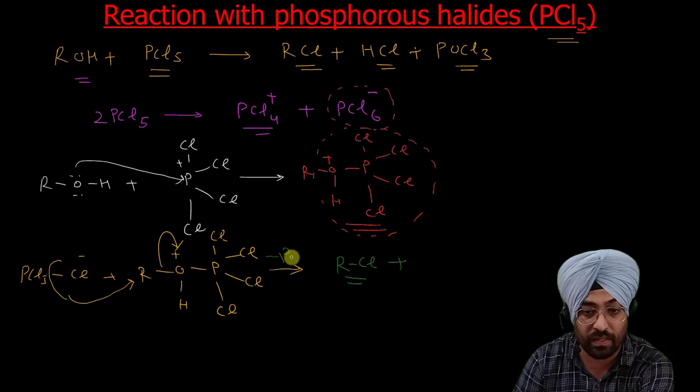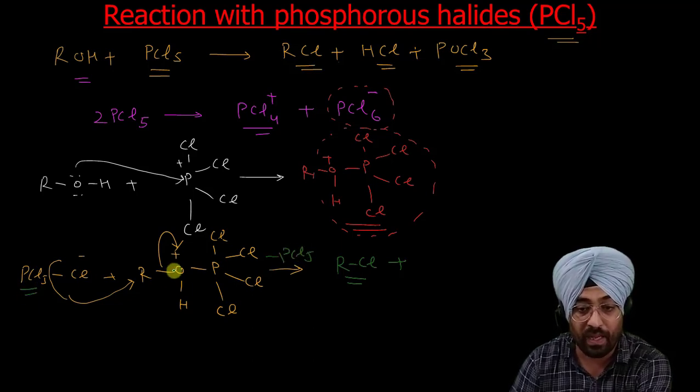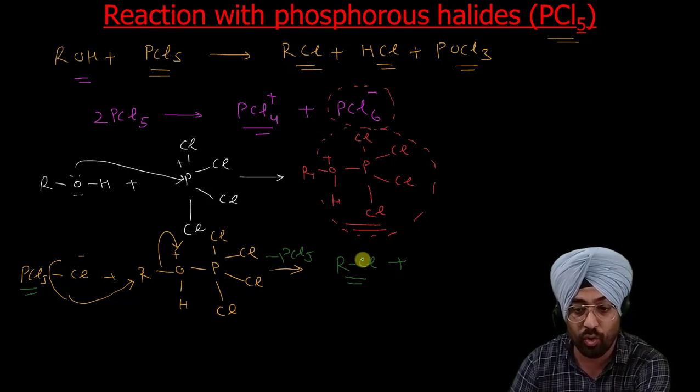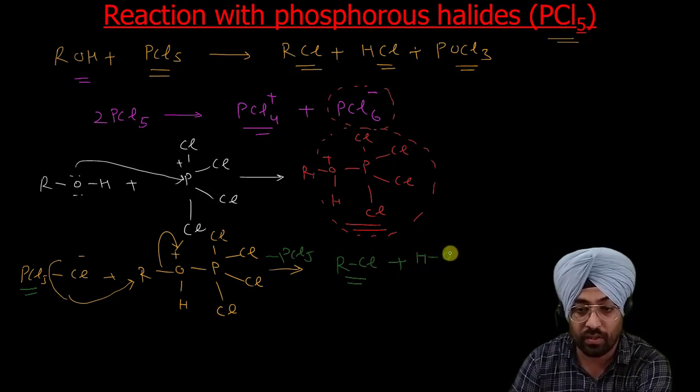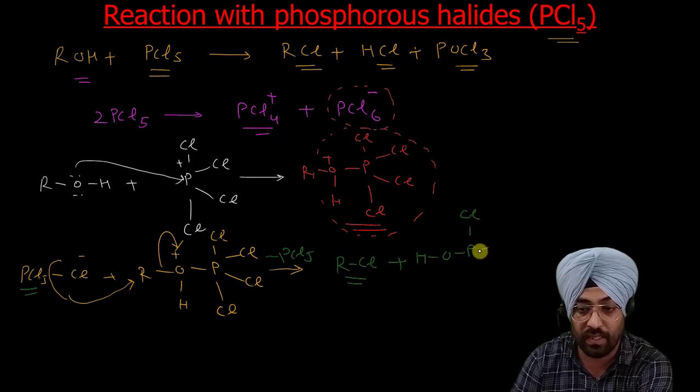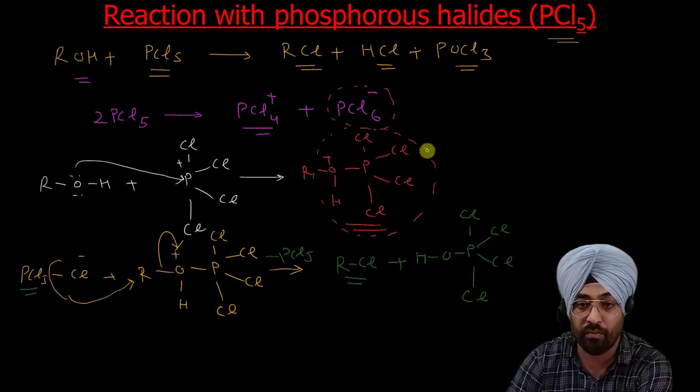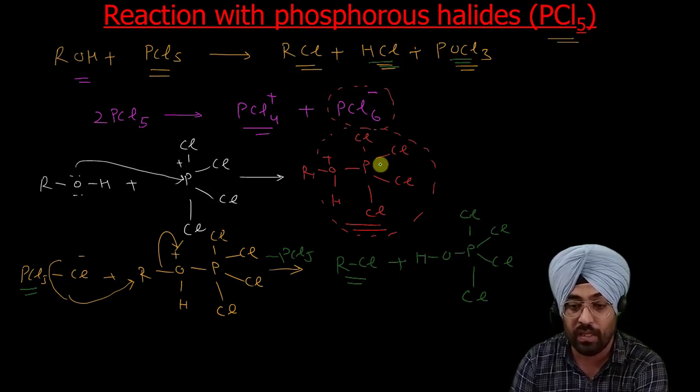PCl5 goes as it is, plus HOPCl4. Now we have to produce HCl and POCl3 from this.